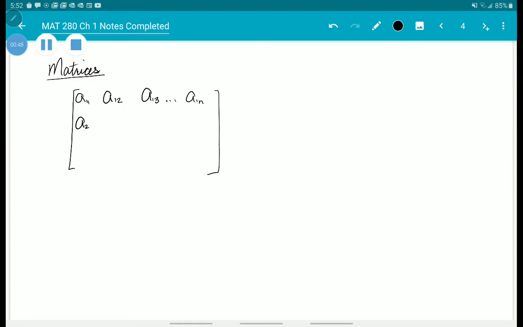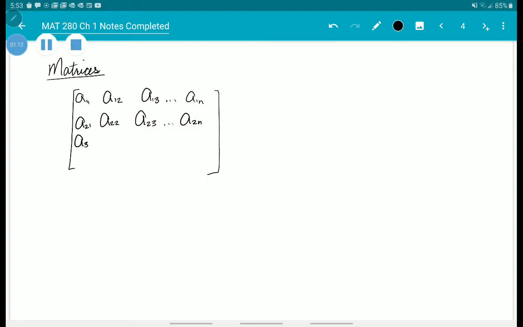Second row, A21. Notice that the first number is telling you what row it is, and the second number is telling you the column that it's in. So this is entry A22. This is A23 because it's in the second row, third column. And this is going to be A2N because this is in the nth column, but second row.